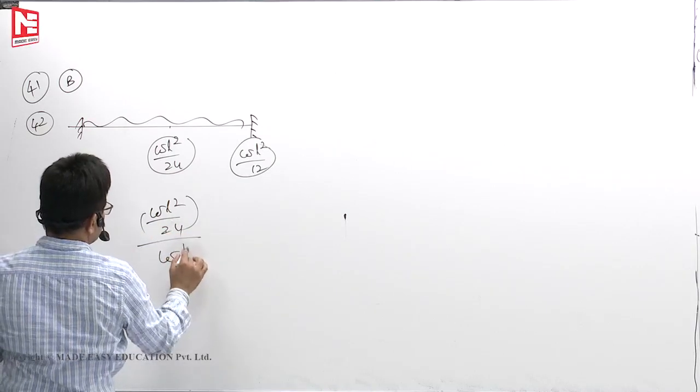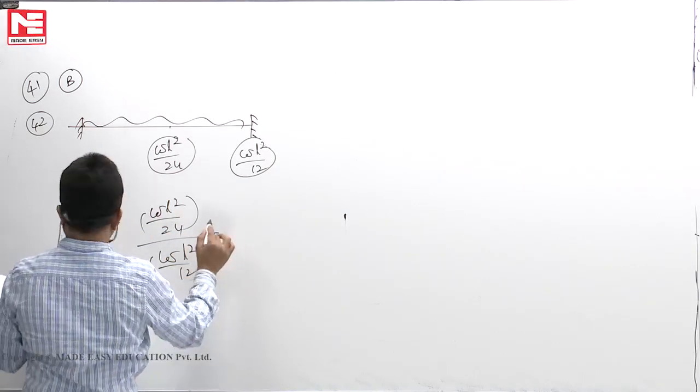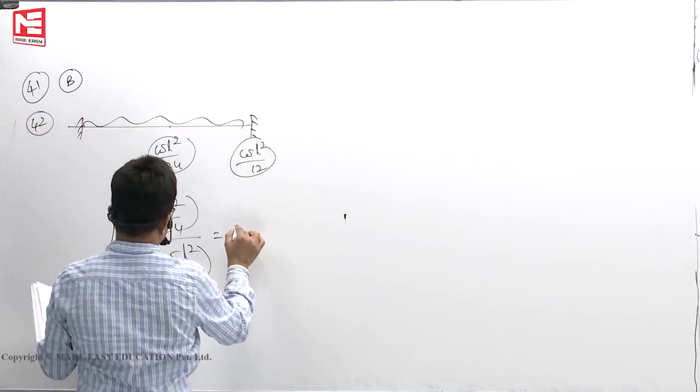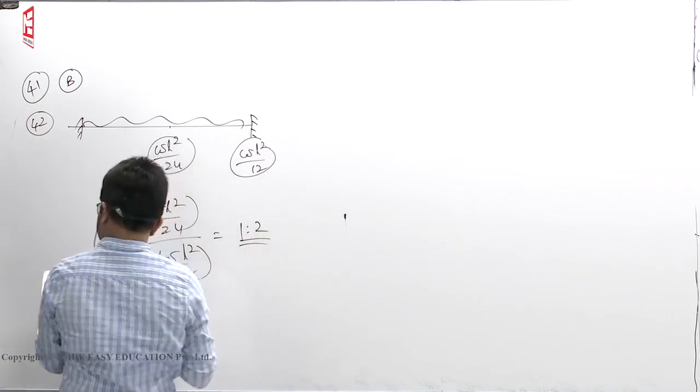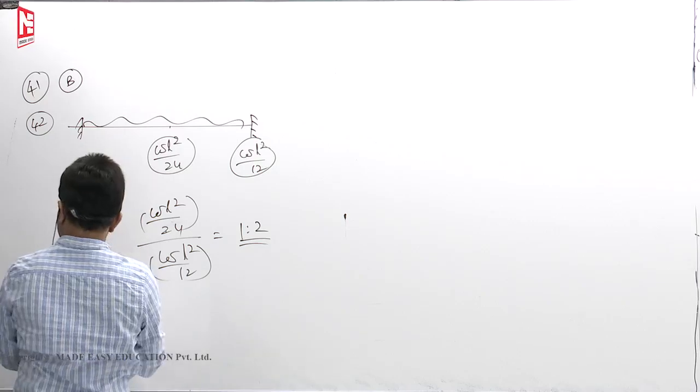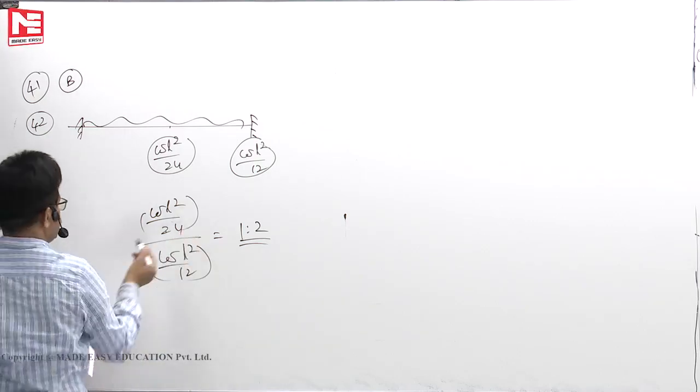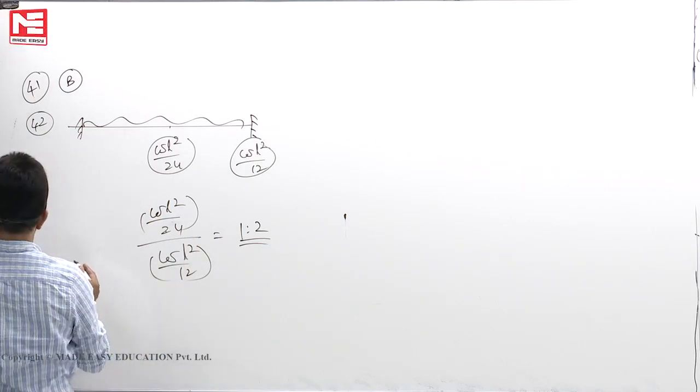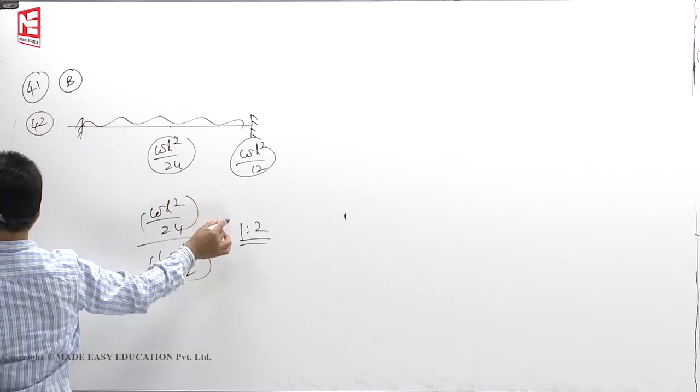Center is 24, end is 12, so 1 is to 2. WL square by 12, half of that is the center, WL square by 24. So 42b.